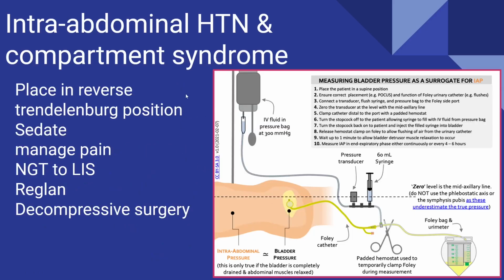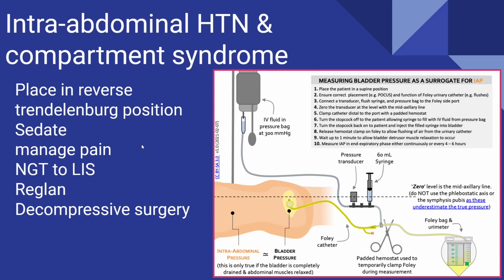So you may have seen this before, but you're going to place your patient in a reverse Trendelenburg position. You're going to try to sedate them, try to keep them comfortable. Placing them in that position is going to help take pressure off the abdomen. You're going to do a lot to manage their pain.